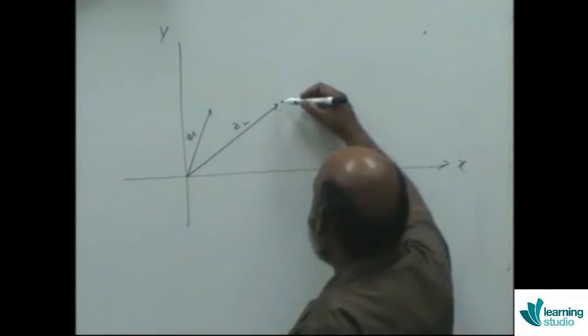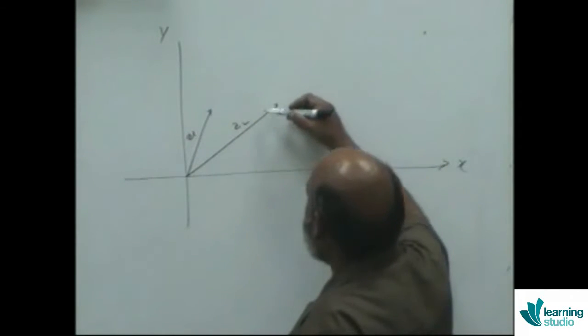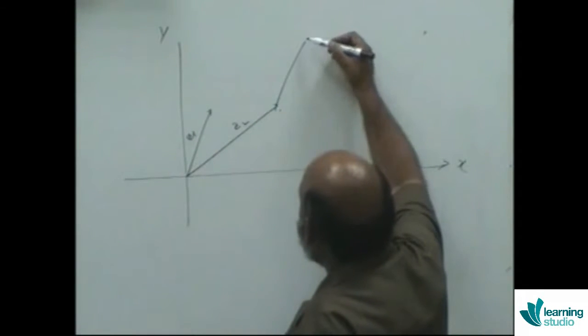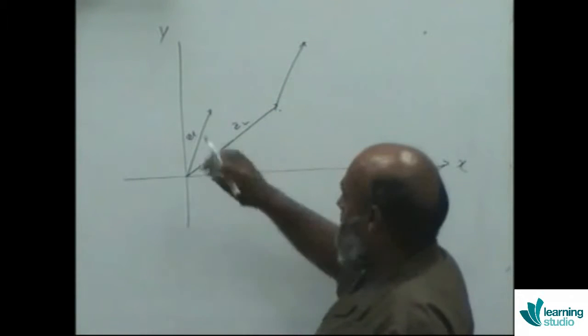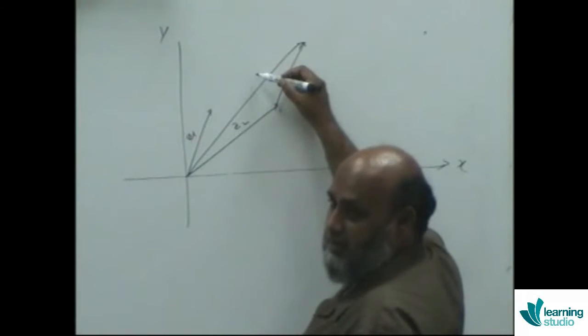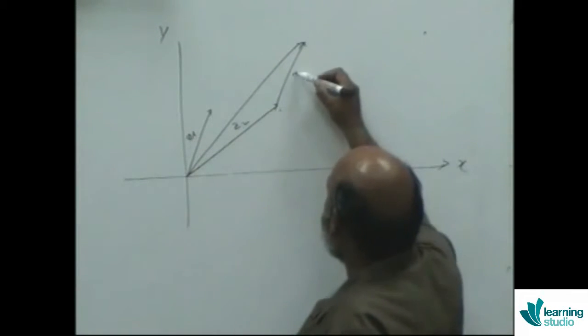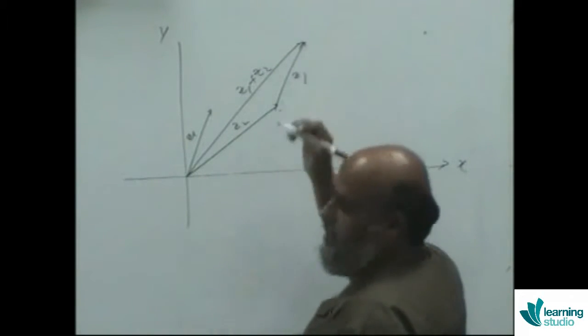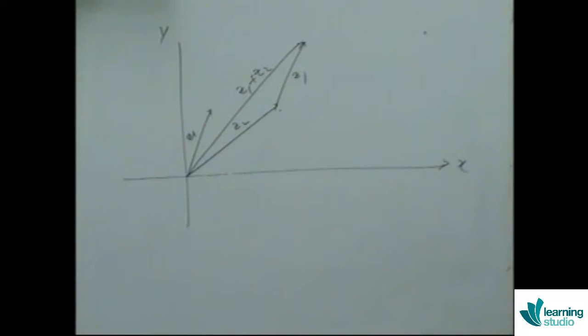In case of vectors, we must draw a parallel vector to this vector. Say this is a parallel vector to this vector, then there must be a resultant vector over here, and this vector, from here up to here, is z1 plus z2. The addition is very much similar to the addition of vectors, using the parallelogram law.